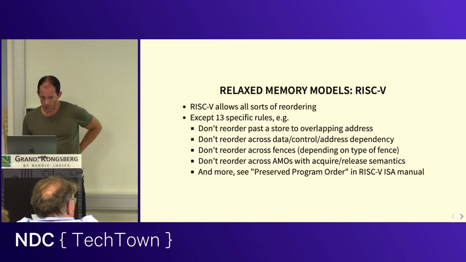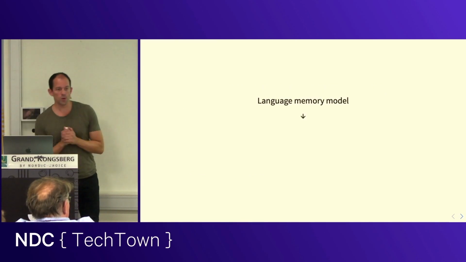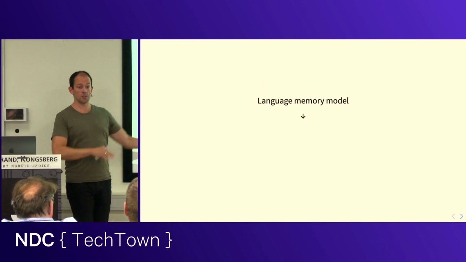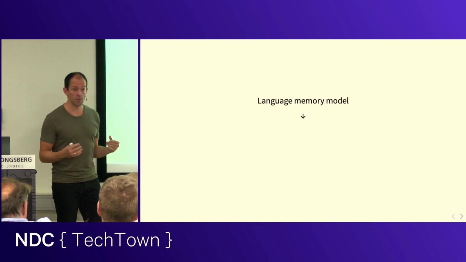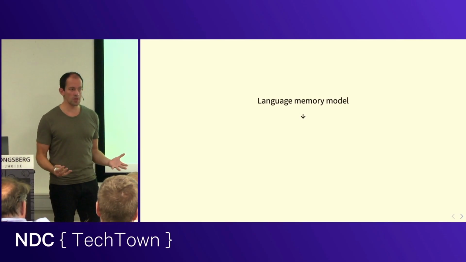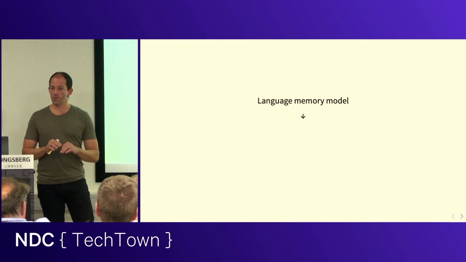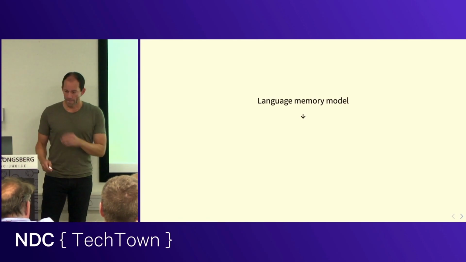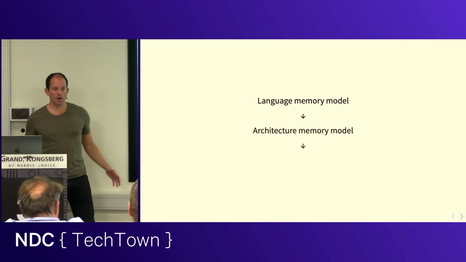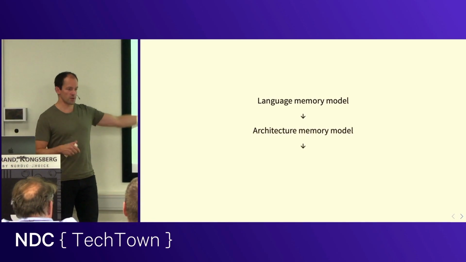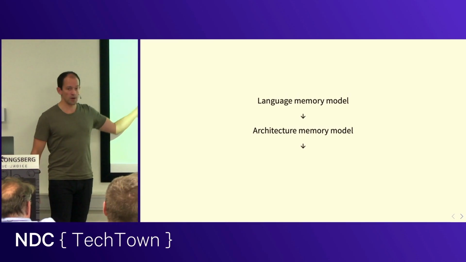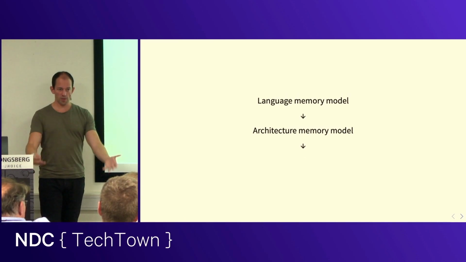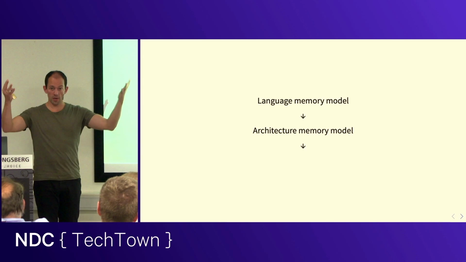and then you have to put fences for the rest. So in summary, you as a programmer, you care about like the first part of the talk mainly. You think about the C++ memory model, and you write your programs, and they will just work everywhere. And then the compiler and the people who write runtime libraries and stuff, they have to rely on the architecture memory model that they're compiling for in order to provide the language memory model to you.